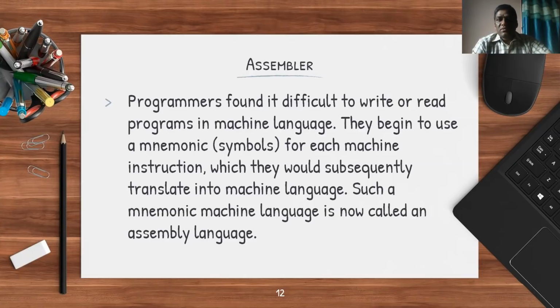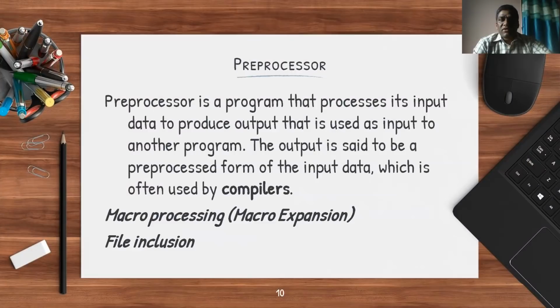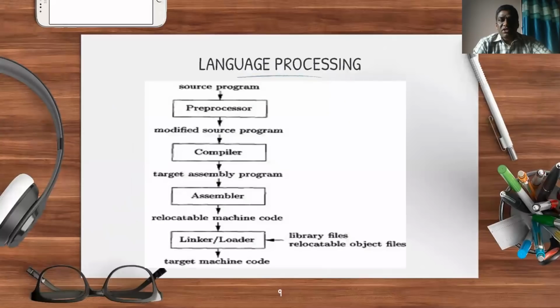But this assembly language program is not understood by computers for execution. Therefore, we require a translator for converting our assembly language program into a machine language program, right? There the assembler is used. So the main purpose of the assembler is to convert the assembly language program into a machine language program.